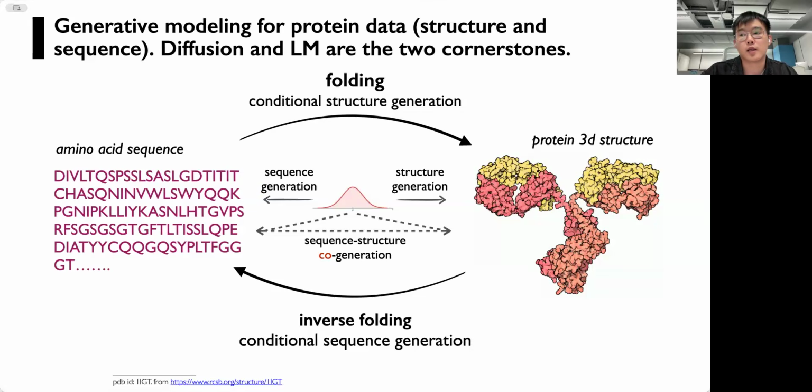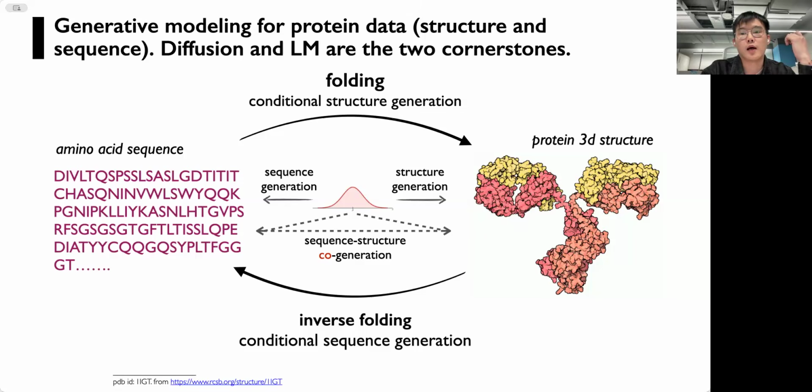There are increasingly many recent research papers on these topics, and diffusion models and language models are the two cornerstones of the generative paradigms for modeling protein data.